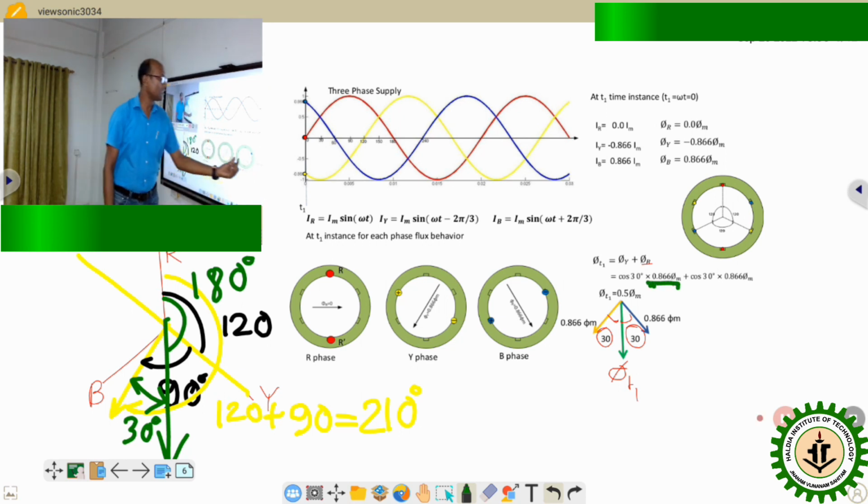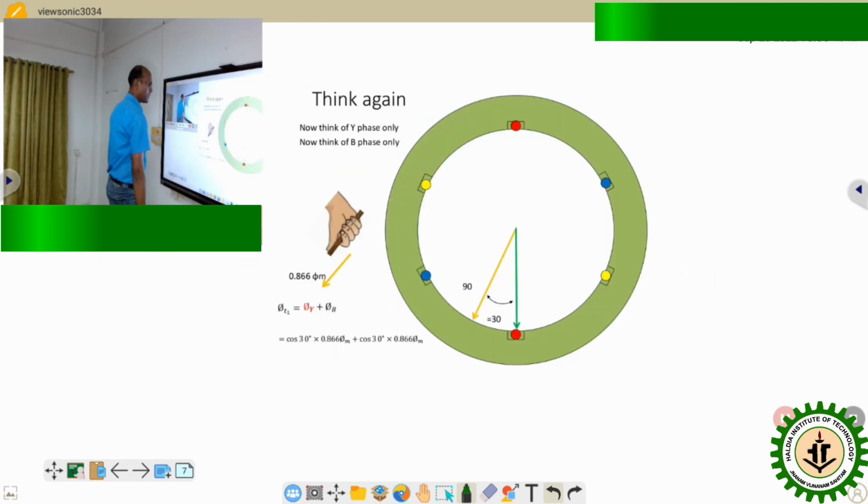That is the contribution of Y phase flux toward the downward direction. Next, if we go for the other phase, in this picture also the contribution of flux can be represented by this term, Y phase flux.